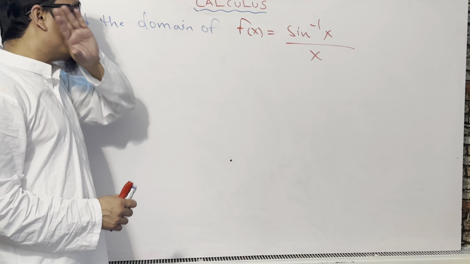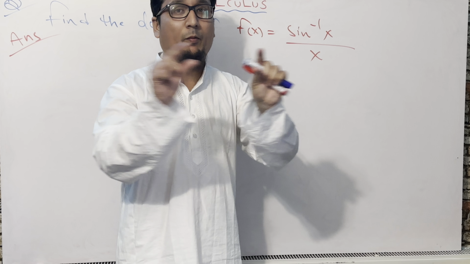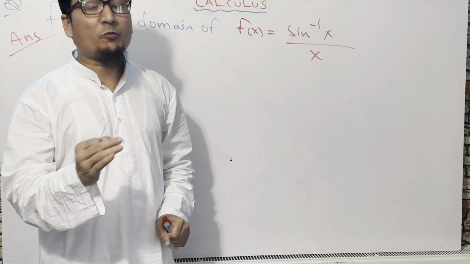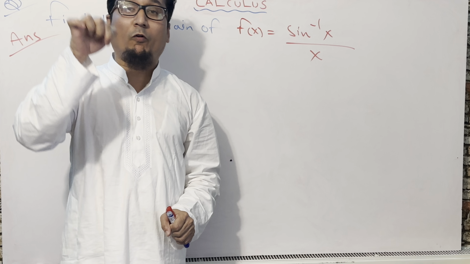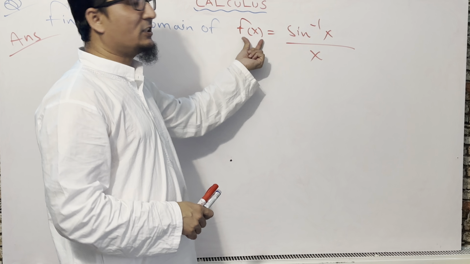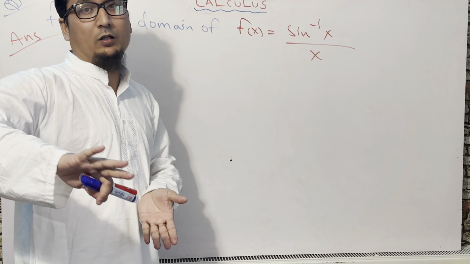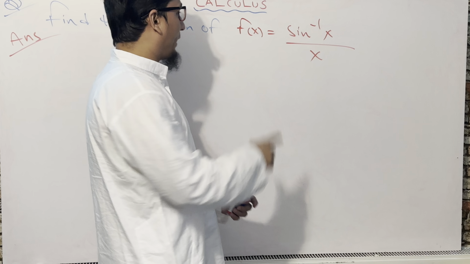So here we have one function, sine inverse x, and one linear function. We will find the domain of each, then find the common part, and see whether there is any value of x in the common part for which the function does not exist, and remove that part of the domain. Okay, I'm going to solve this question.